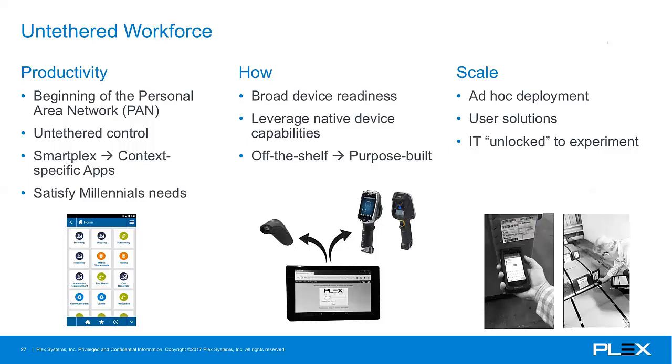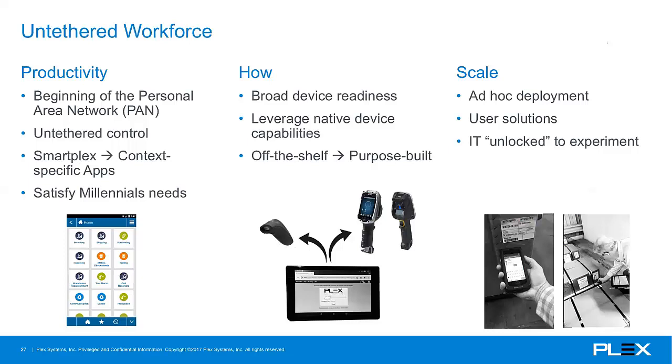As you can see here on this slide, Plex MES is geared to empowering operators by running on nearly any type of device, from your most basic off-the-shelf solutions like an Apple iPod to a full-blown purpose-built piece of hardware. This fact allows manufacturers to pick their own hardware path and implement at scale.